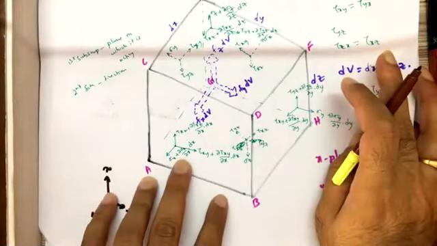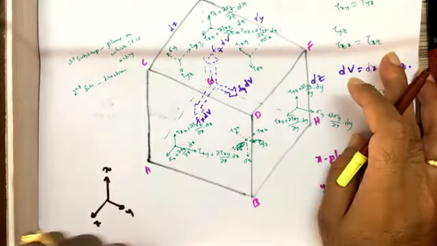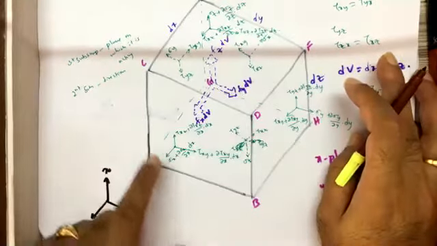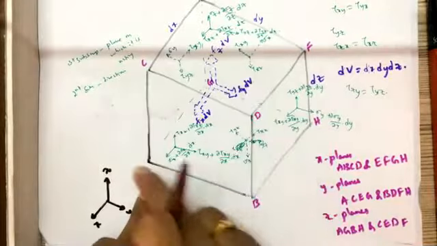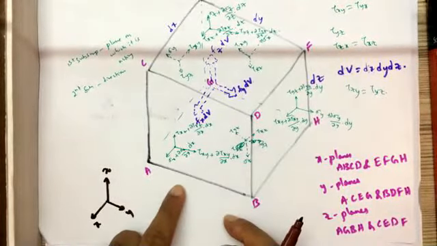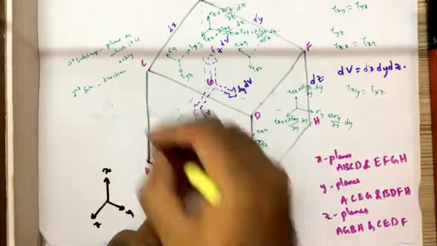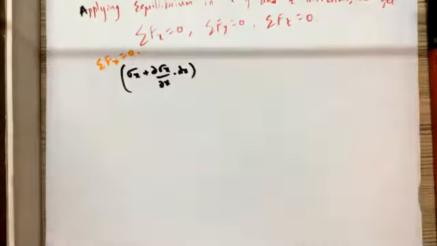In order to convert this into force, I need to multiply with the area. This is normal stress. On which area is it acting? On the x plane, this face A, B, C, D. What is the area? This is dy and this is dz, so dy into dz.